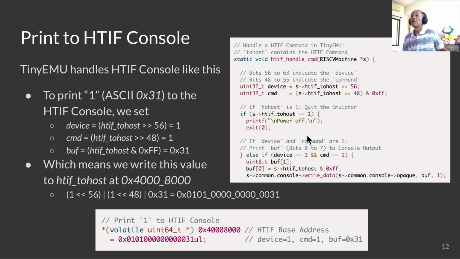Here is the code in TinyEMU that handles HTIF commands. To print the digit 1 to the HTIF console, we set the device to 1, command to 1, the buffer to 31 hex. We write this long value to the HTIF register located at this address, like this.